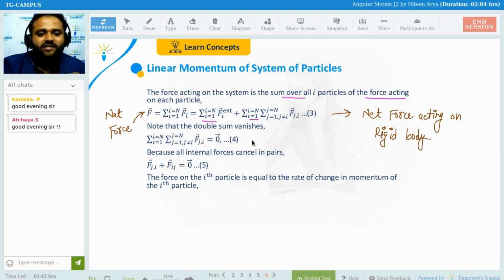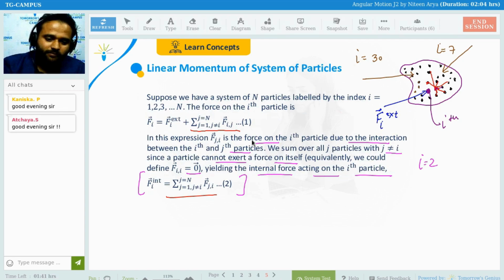Note that the double sum vanishes. Why does it vanish? Because it is an internal force. So internal forces are going to cancel each other. What does it mean? Back to this. Suppose this particle is going to apply a force on this, and this is going to apply a force on this also, somewhere, another particle. They are cancelling each other, because the direction of the force is going to be reversed.